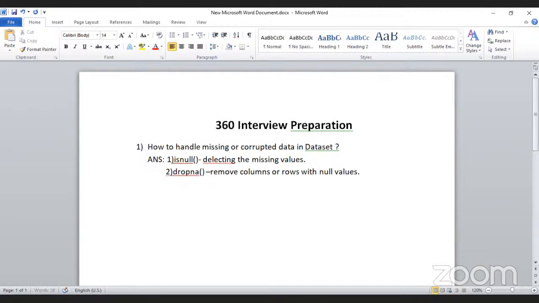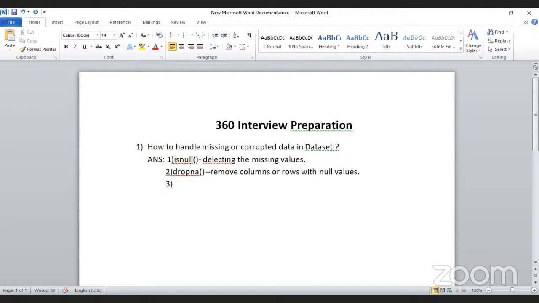And the third one is fillna. What will fillna do? Fillna is used if you have very few null values. It will fill with whatever you choose, like mode, mean, imputations.